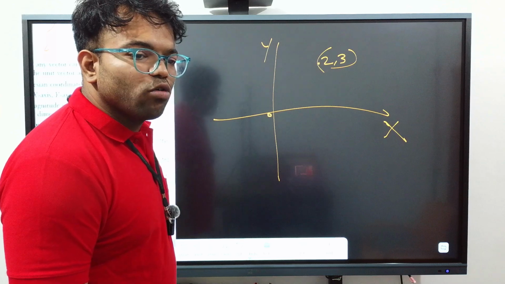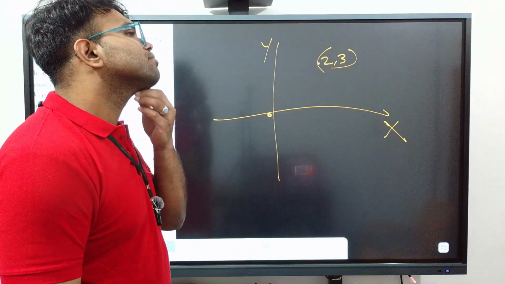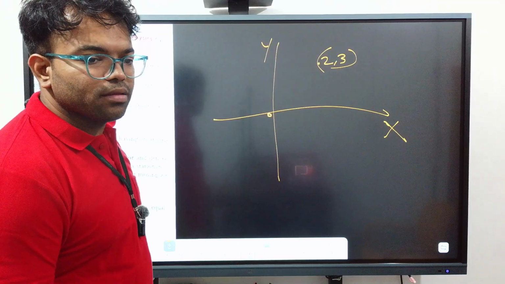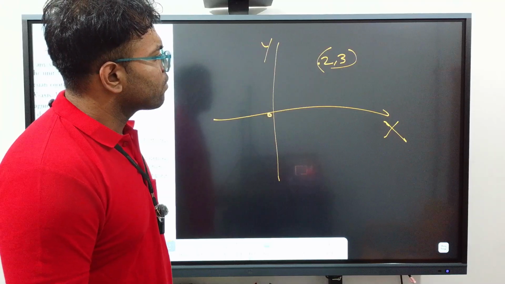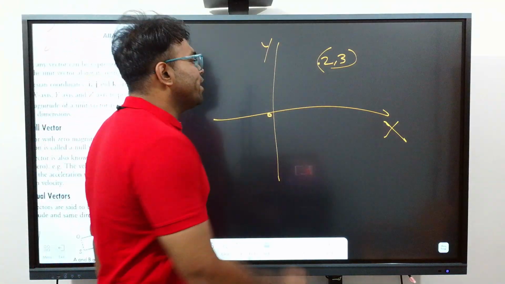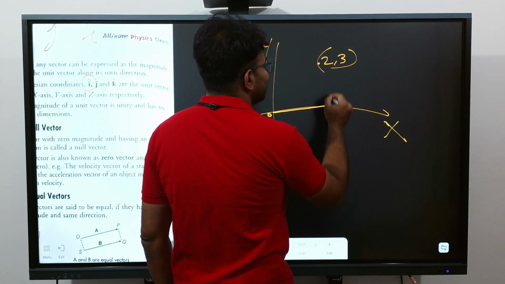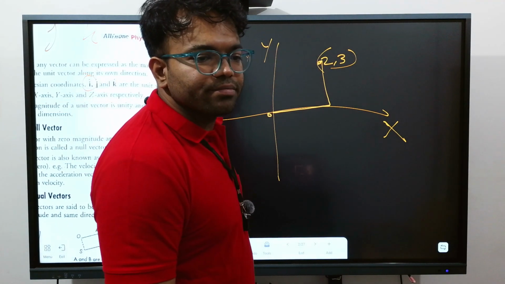Drupad? So basically, if you move 2 units in the x-axis and 3 units on the y-axis, you will reach the point 2, 3.